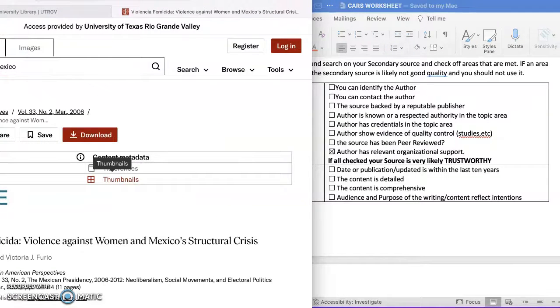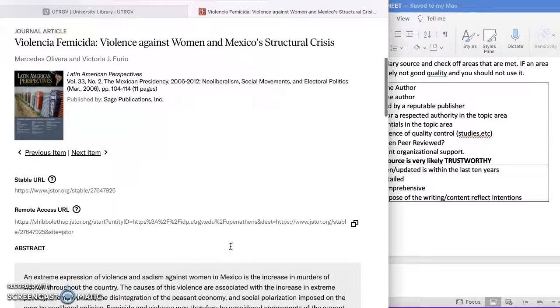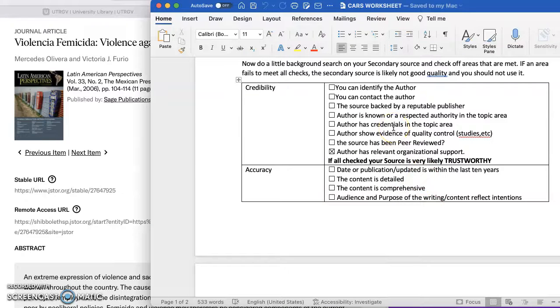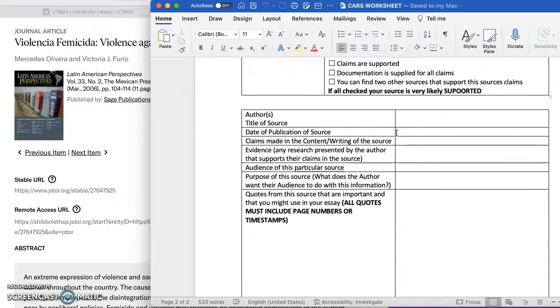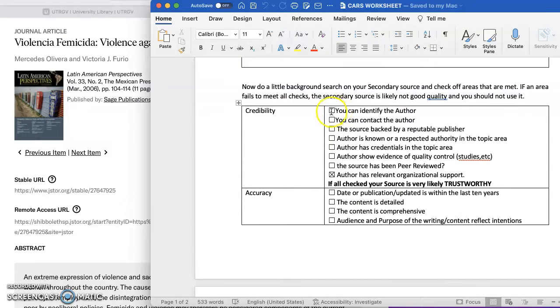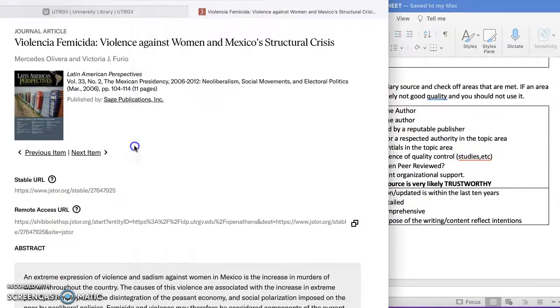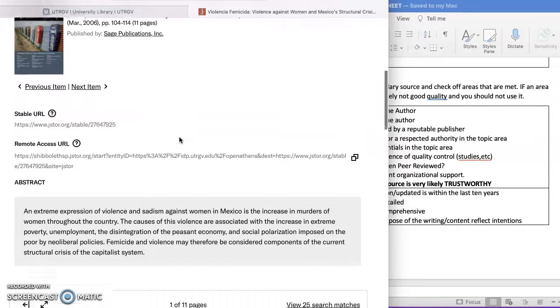I didn't really do the whole worksheet, but I looked through it while looking for these sources and their authors, making sure they filled out the majority of it. It was definitely very helpful in my sociology class.